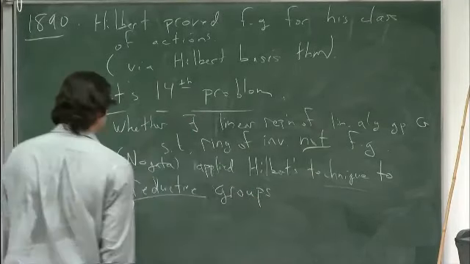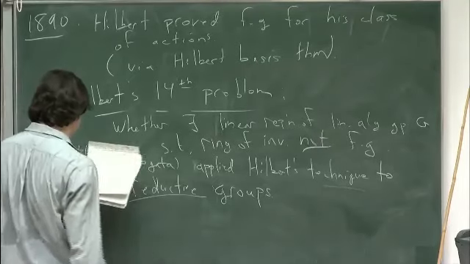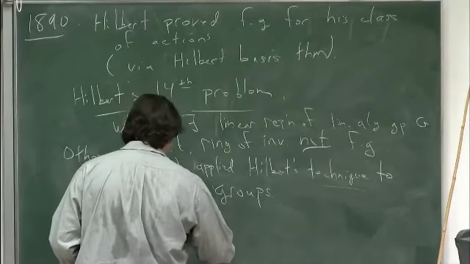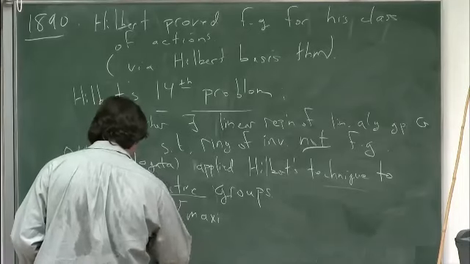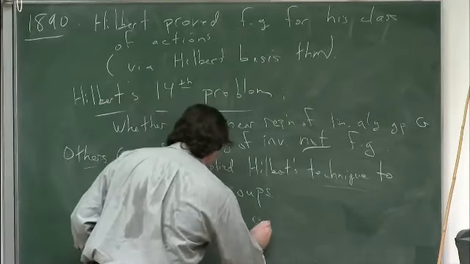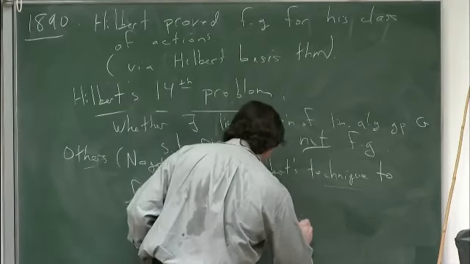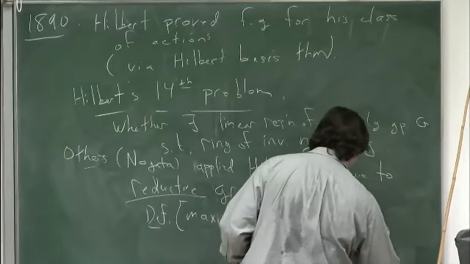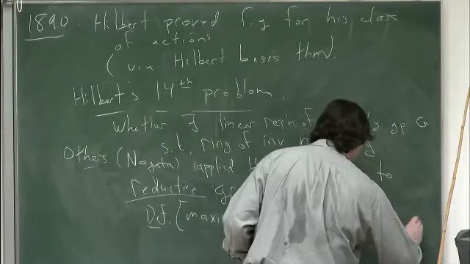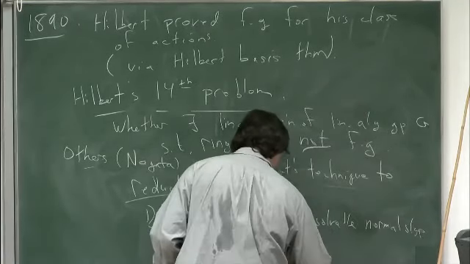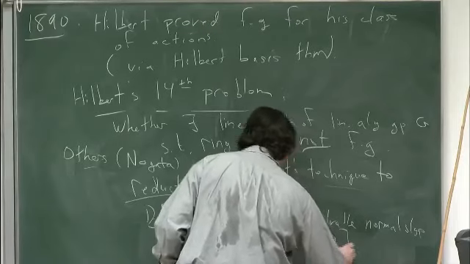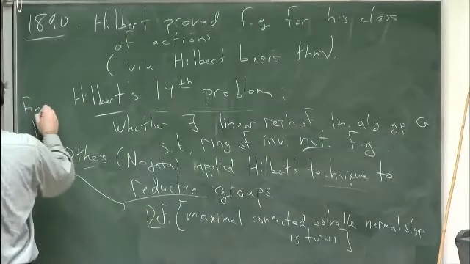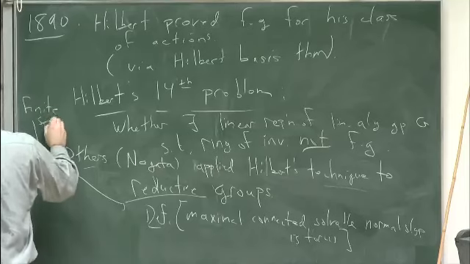We'll discuss in more detail tomorrow all the properties surrounding it, but the simple point is just that the maximal connected solvable normal subgroup is a torus. So really we're talking about things built from finite groups, semi-simple groups, and tori.